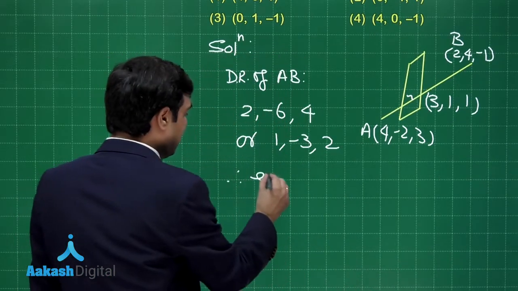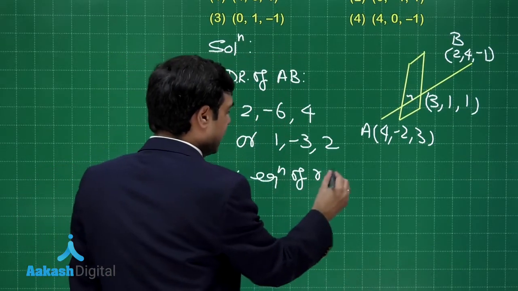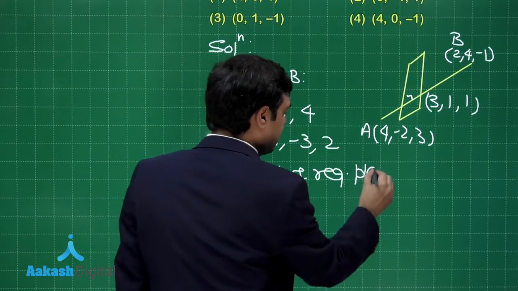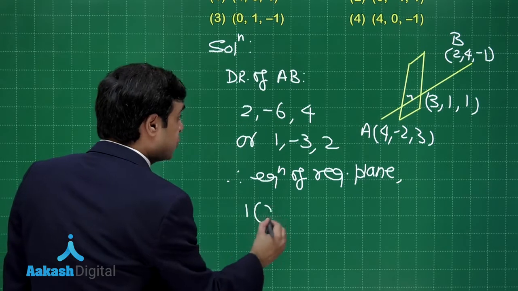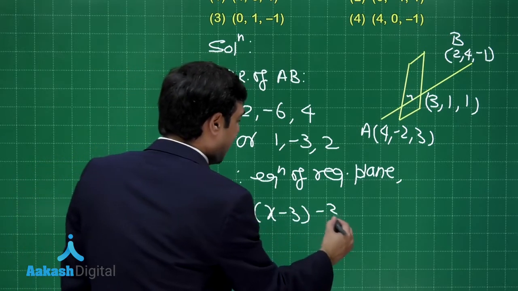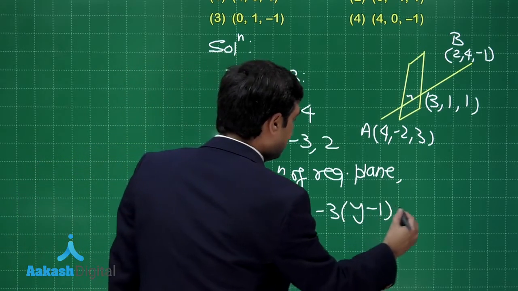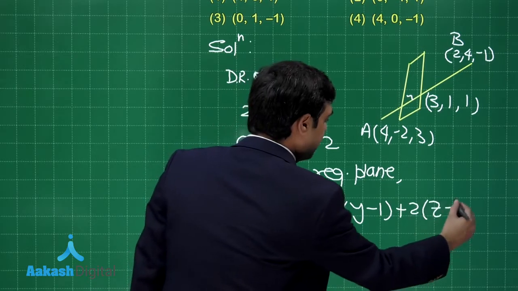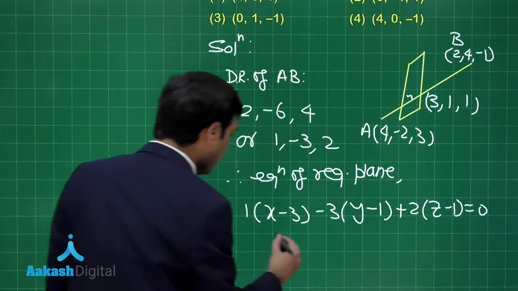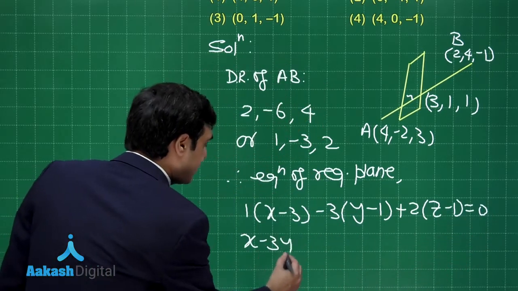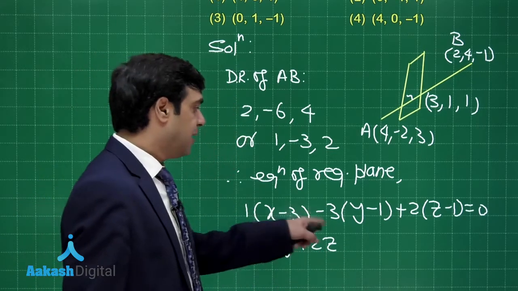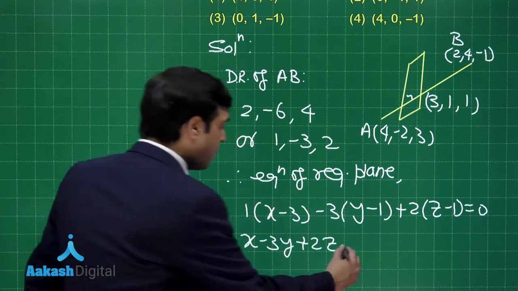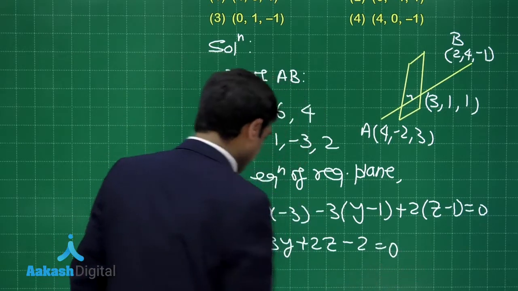Therefore, equation of required plane. Now it's simple. This is 1 into x minus 3, minus 3 into y minus 1, plus 2 into z minus 1 is equal to 0, or x minus 3y plus 2z, multiplied with minus 3 plus 3 cancelled, minus 2 is equal to 0.